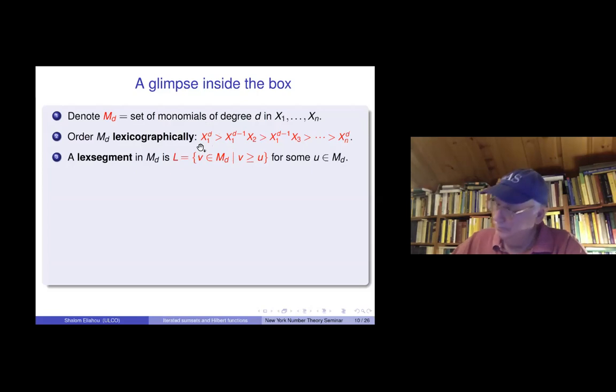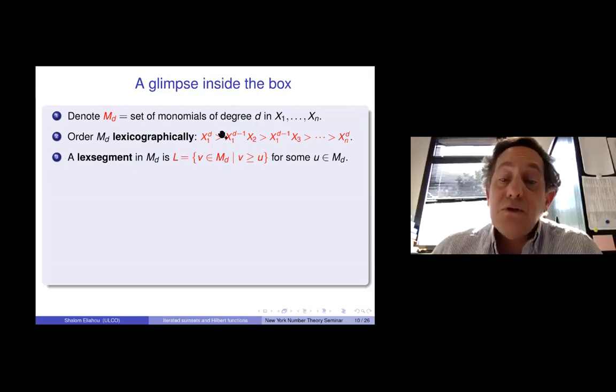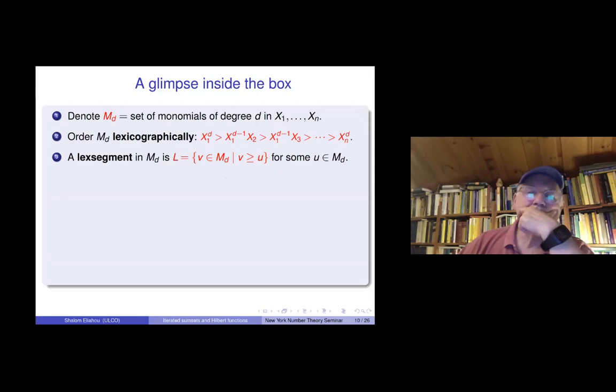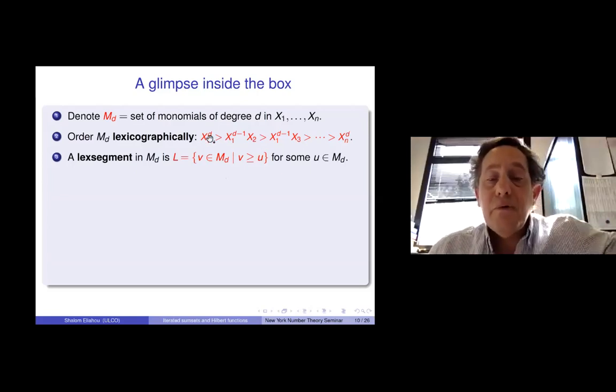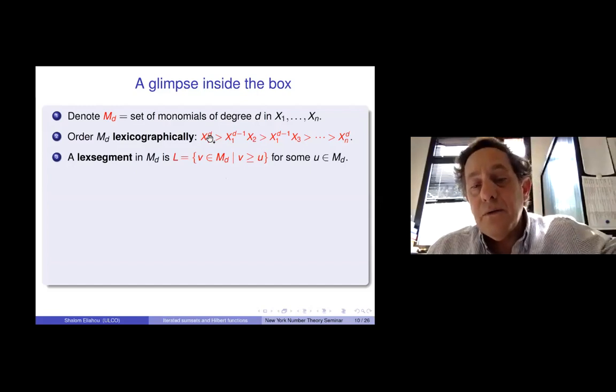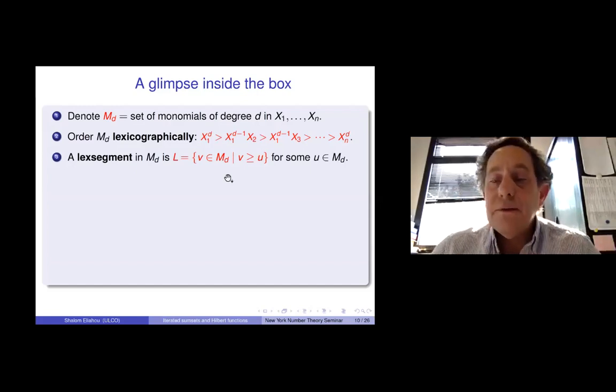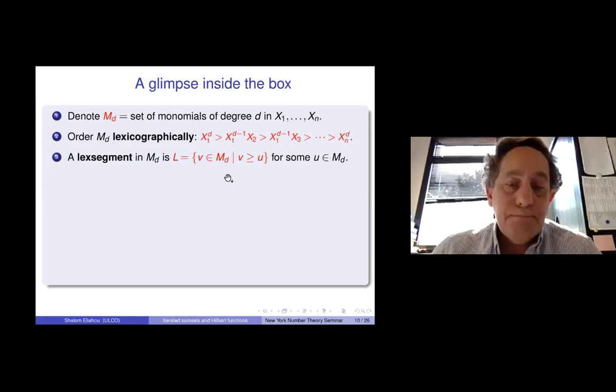A lex segment of length 2 is just the first two. A lex segment of length 3, there is no choice, it's just these first three monomials, and so on. So a lex segment of length k, there is only one, and you take, starting from the largest one, the k largest ones, and this is a lex segment, okay?